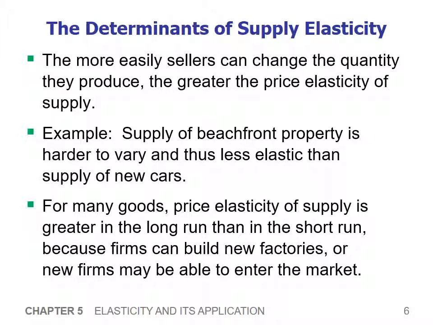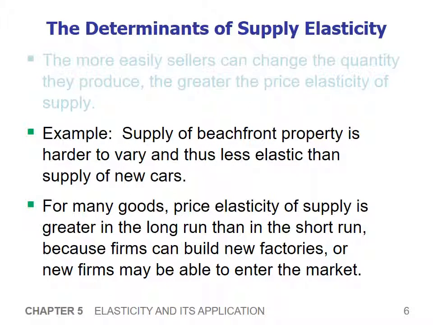As the price changes, its supply will not change a whole lot. So we can expect the supply curve for beachfront property to be fairly vertical or close to a straight line. On the other hand, it's much easier to adjust the supply of cars in response to a change in price, and thus we would expect the supply curve for cars to be fairly flat.